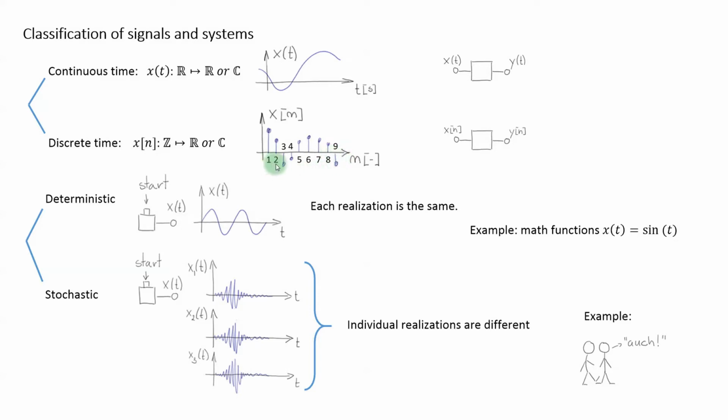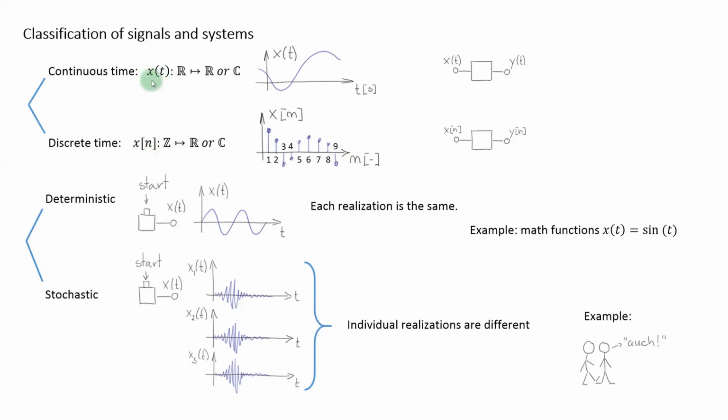In contrast, the discrete time signals are functions of integers, which usually represent discrete time, that means values 1, 2, 3, 4, 5, 6, and so on, and the values of the discrete signals can again be real or complex. So when you plot a discrete time signal, you will get a sequence of values like this one. Note that I'm using different notation for continuous time signals and for discrete time signals.